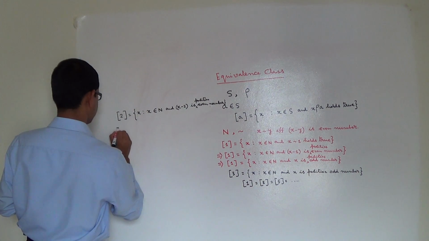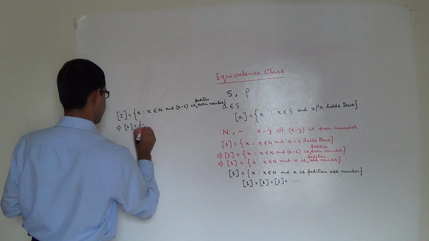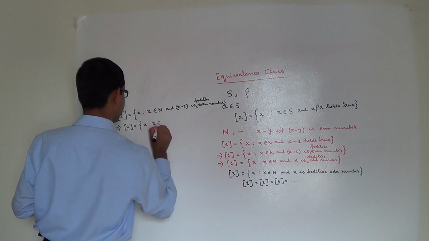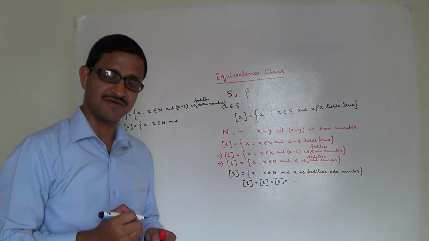That implies the class of 2 is equal to x such that x belongs to capital N and x minus 2 is even.